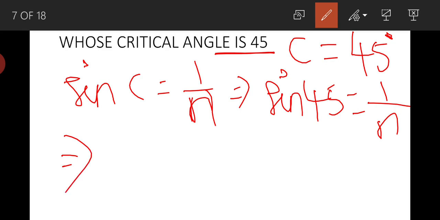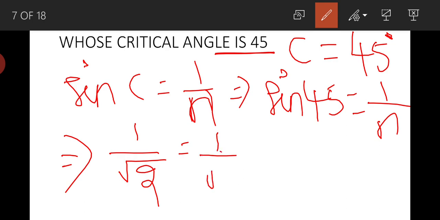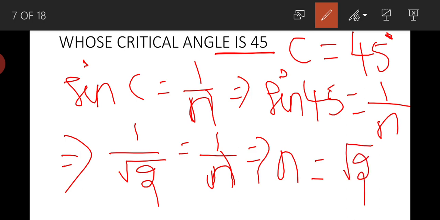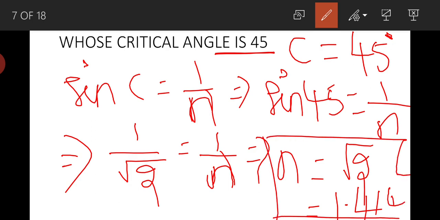We know the value of sin 45. Sin 45 is 1 by root 2, which is 1 by n, and from this n is equal to root 2, and its value is 1.414. So finally the refractive index of benzene is around root 2, that is 1.414.